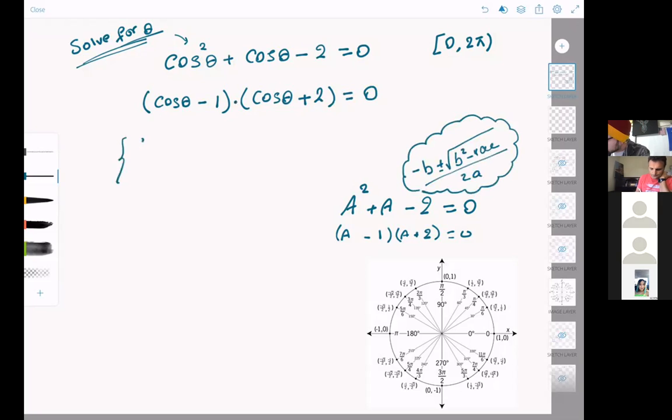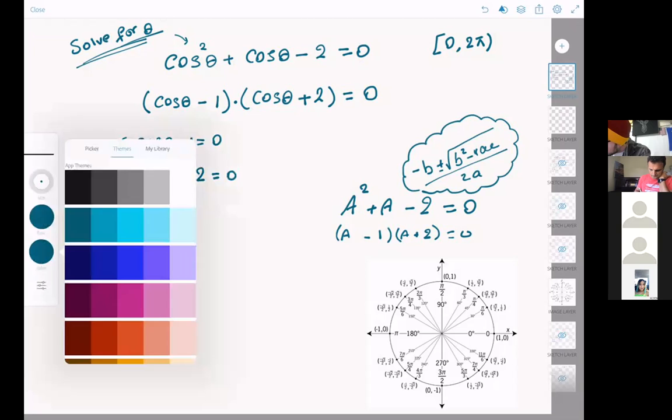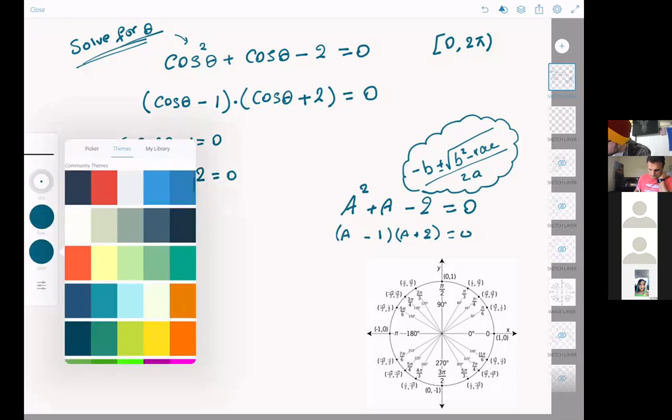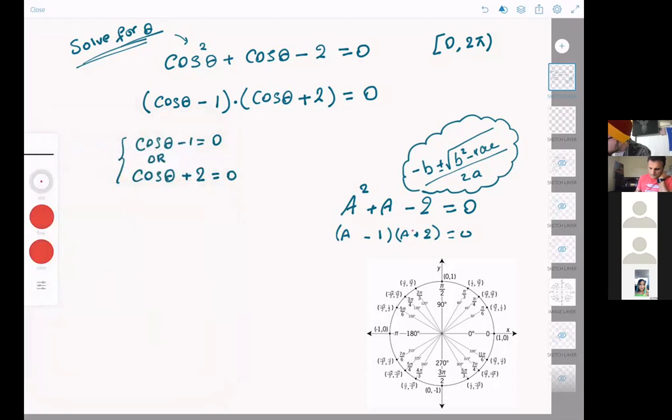Now, cosine of theta minus 1 equal to 0, or cosine of theta plus 2 equal to 0. For this one, we get cosine of theta equal to 1.